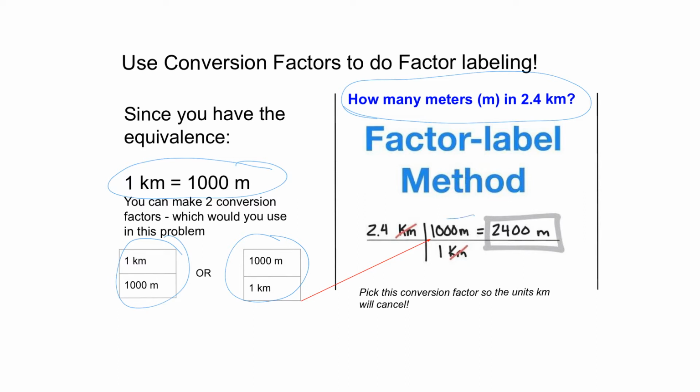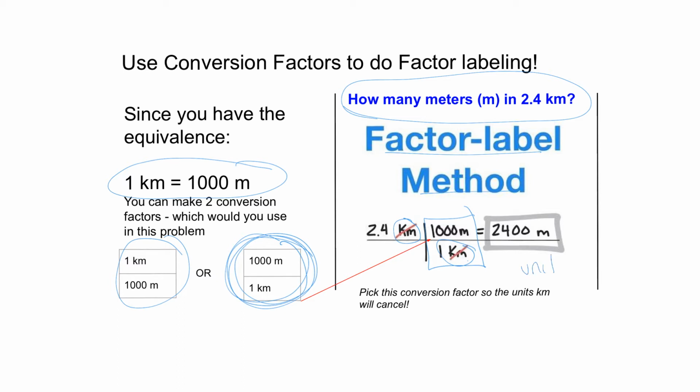So I'm going to choose this conversion factor, because I want to cancel out the unit on the top and the bottom here. Just like you factor something in an algebra problem, in factor labeling, you're factoring out the unit.